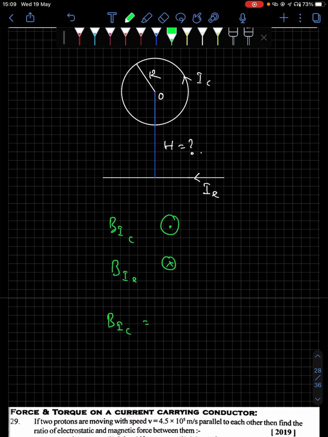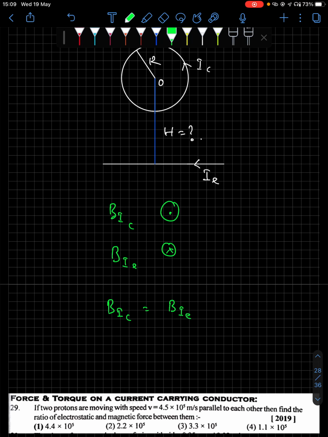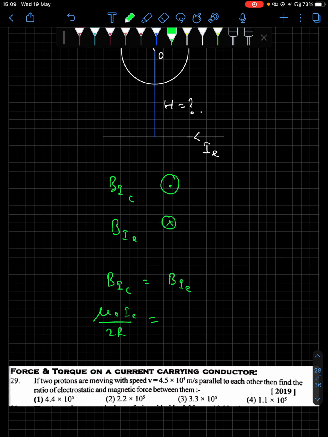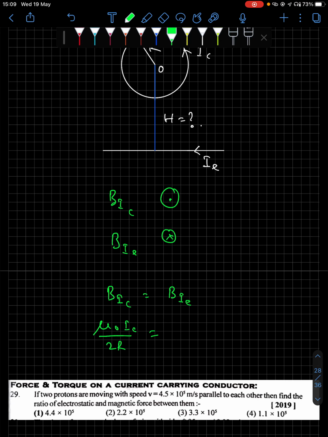That means B due to IC will be equal to B due to IE, then only the field will be 0 at O. So B due to IC will be mu naught IC divided by twice R. And now this is an infinitely long wire, so your relation will come out to be mu naught 2I divided by 4 pi H. Okay, 4 pi A was there in our previous relation. So it comes out to be mu naught IE divided by 2 pi H.